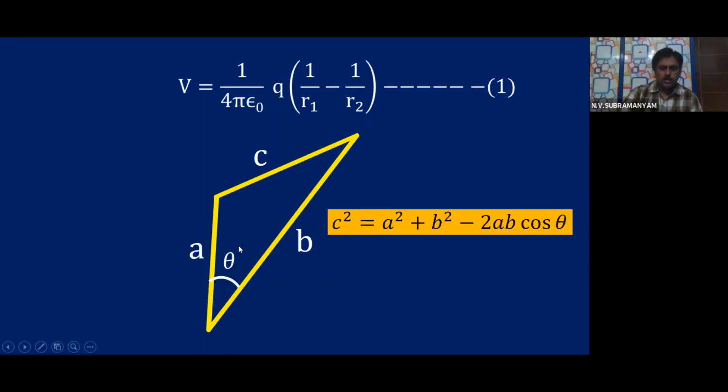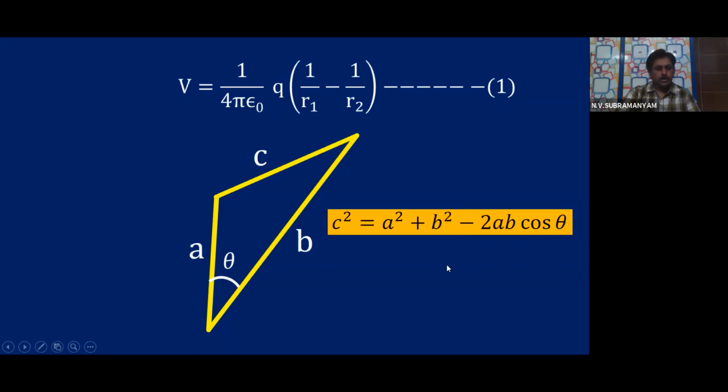According to this cosine rule, if A, B, C are the three sides of the triangle as shown in that figure, and theta is the angle here. If you see carefully, for theta, the side opposite is C, and the remaining two sides are A and B. Then C square is equal to A square plus B square minus 2AB cos theta.